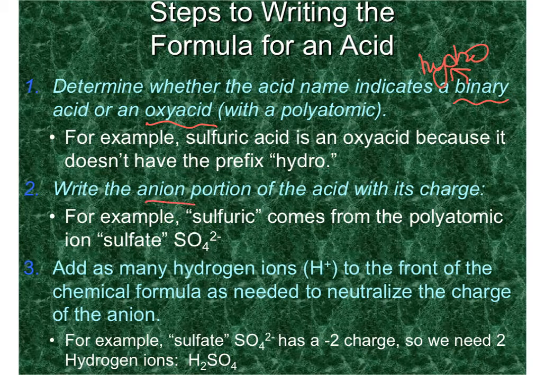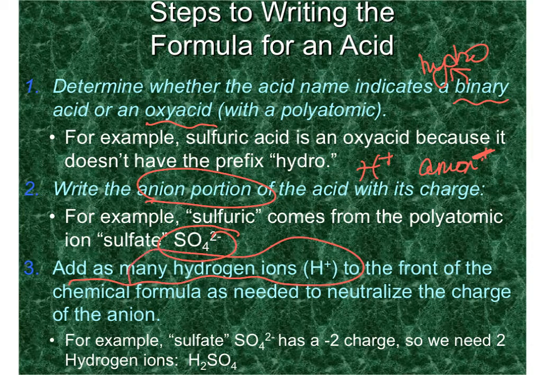Then identify what the anion, the negative charge of the acid is, okay, because every acid is composed of a hydrogen ion and then some anion. Well, it doesn't have to be -1, but some anion with a negative charge. Make sure that you write the charge of the anion there so that you can add as many hydrogen ions as are needed to neutralize the overall compound. And that's it for naming acids.